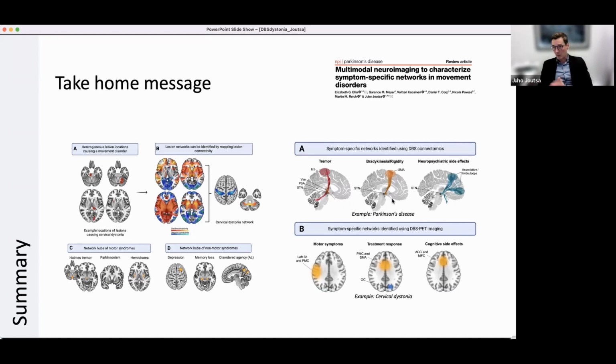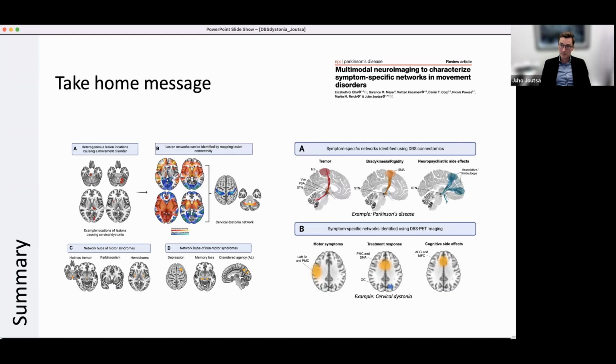Similarly, on the therapeutic side, the efficacy of DBS seems to be mediated by specific connections from the stimulation site elsewhere, and DBS induces metabolic activations far away from the stimulation target, mediated by the connections of the exact DBS site.